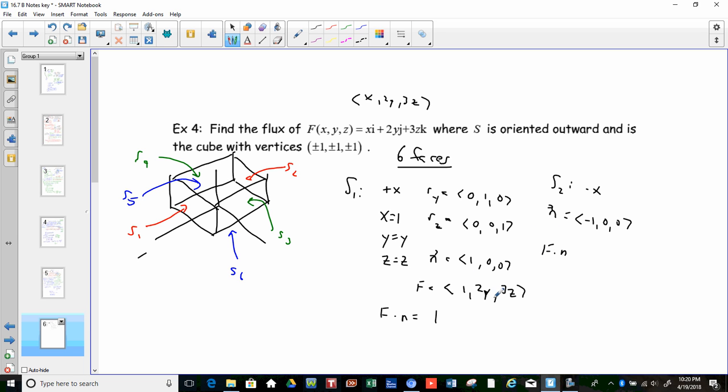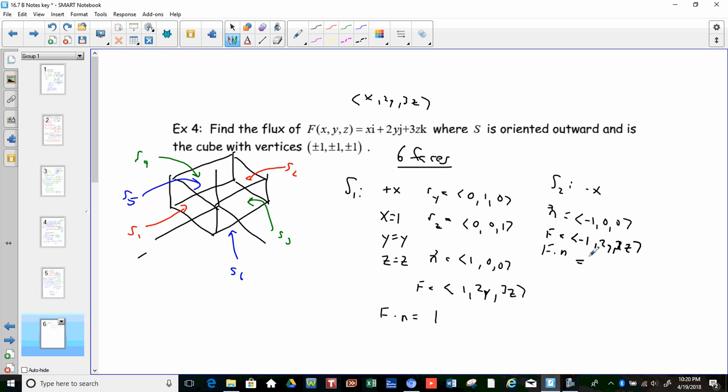It's the same f, except now this is a negative 1 here. So we'll put that in there. F is negative 1, 2y, 3z.